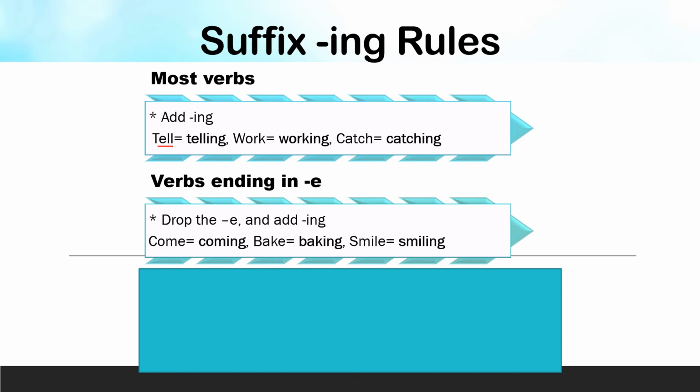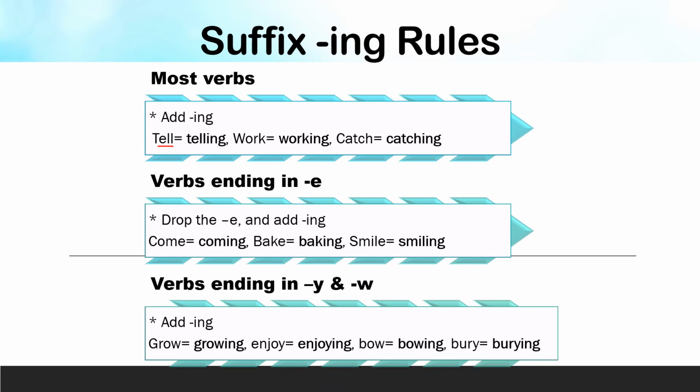Bake changes to baking, no E, and smile changes to smiling, no E. Third rule, if the verbs end in Y or W, don't worry, you just have to add ing. It's similar to the first rule. From grow, we make growing. Enjoy, enjoying, bow, bowing, and bury, burying. As you can see, we didn't make any changes.